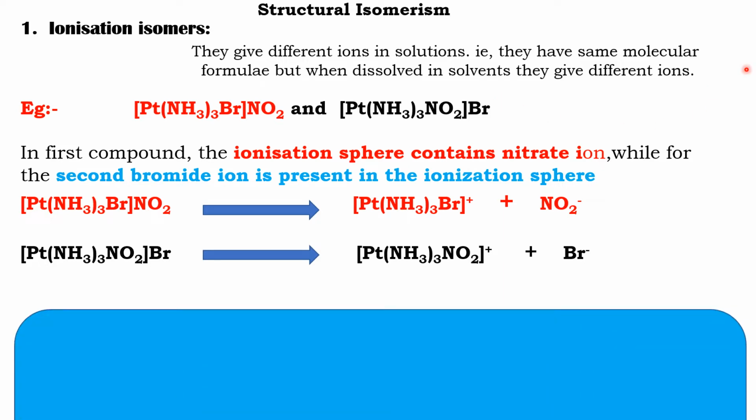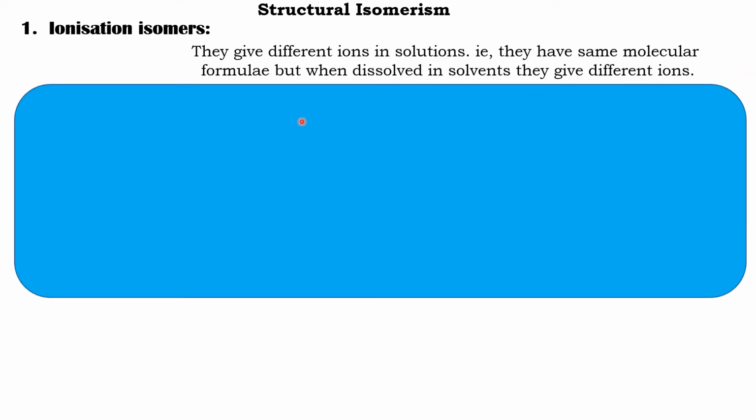Take an example: [Pt(NH3)3Br]NO2 and [Pt(NH3)3NO2]Br. Both these coordination compounds contain 1 Pt, 3 NH3, 1 bromine and 1 NO2. That means the molecular formula is the same.